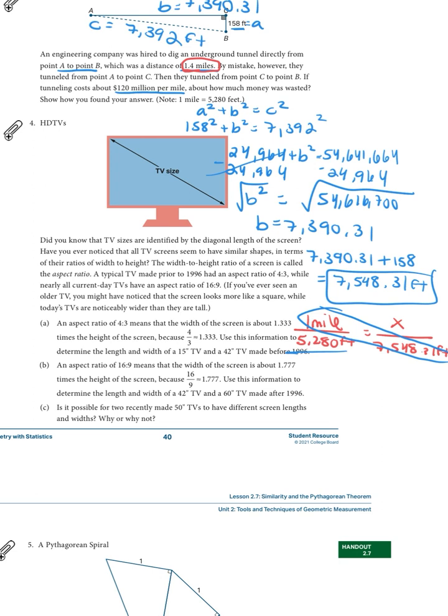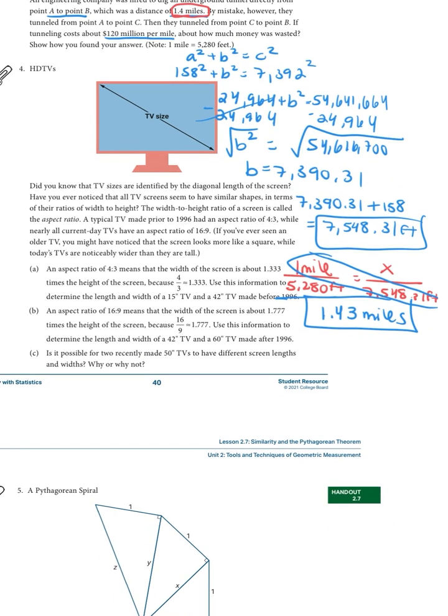And I get 1.43 miles, because I round to the nearest hundredth place. That's how many miles I went over. Remember that the original was supposed to be 1.4 miles. So if I subtract 1.43 minus 1.4, that means that I went 0.03 miles over that.